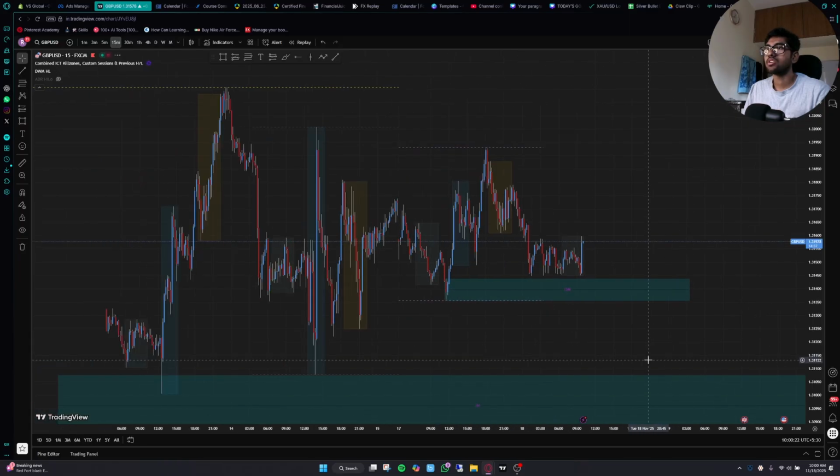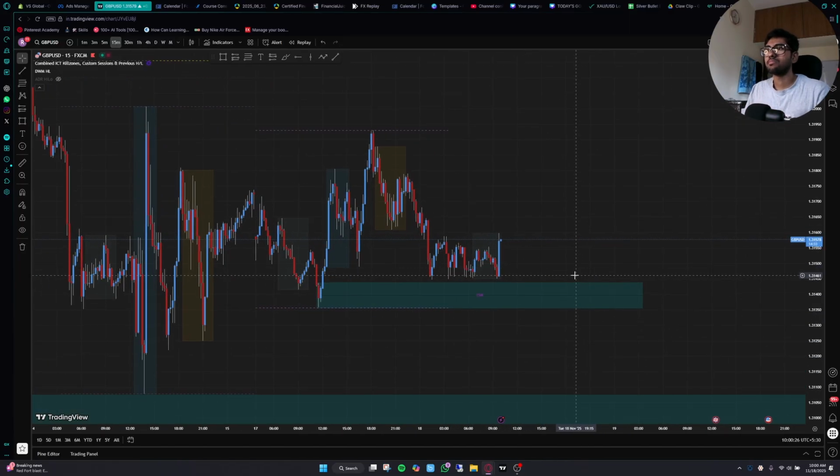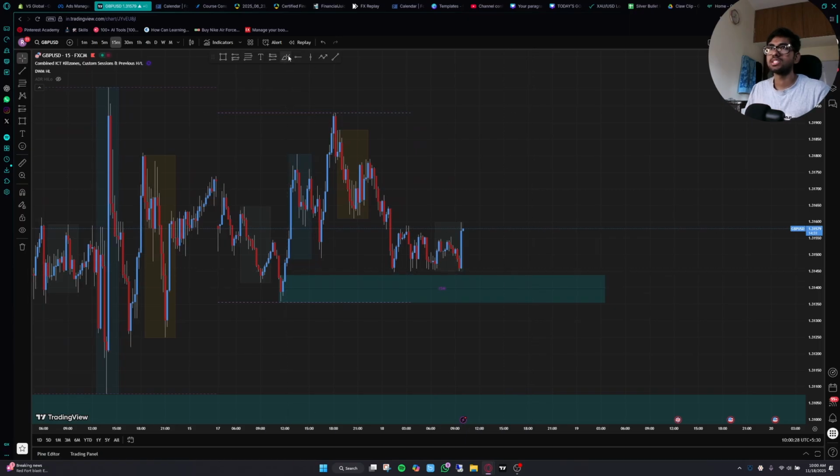I've also drawn out a 15-minute structure. The 15-minute structure simply goes for the fact that you can see all this inducement, so that means there is some price action going on in this region right here, and we have previous day's highs as the target.